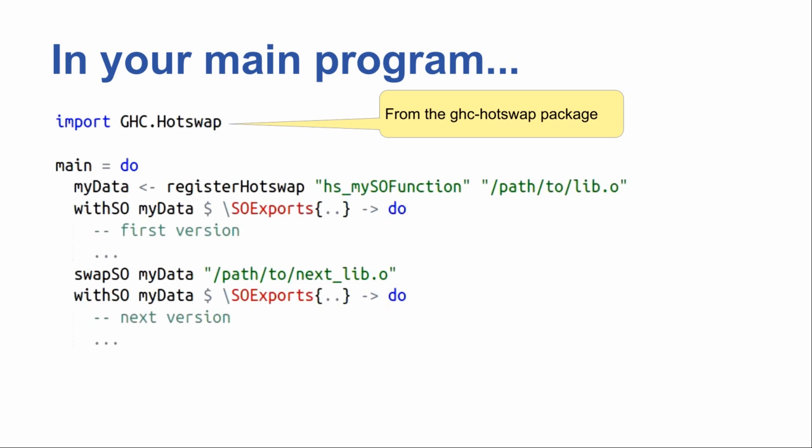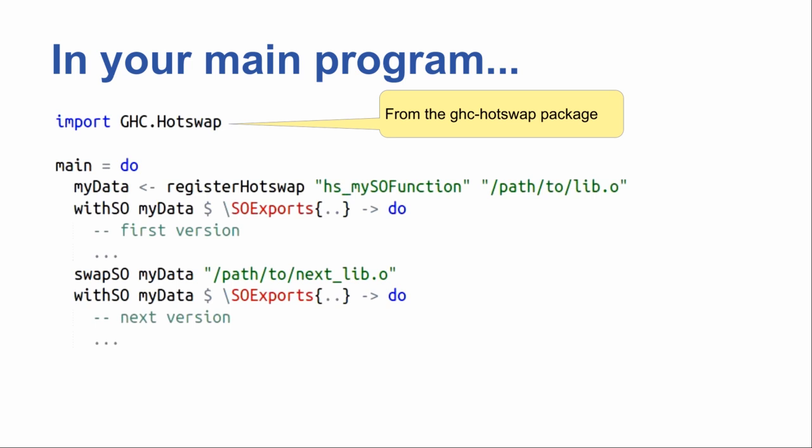I'll show you a bit more about that in a minute. The abstract type supports a couple of operations. One of them is with SO. So with SO, when given this myData, gives you back the record. So register hot swap has loaded the code into memory. With SO is grabbing that record of functions across the boundary and giving you the record of functions so you can then call them.